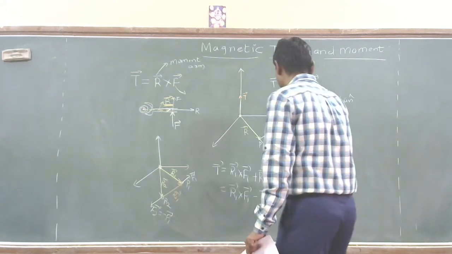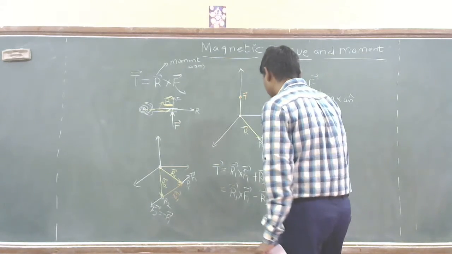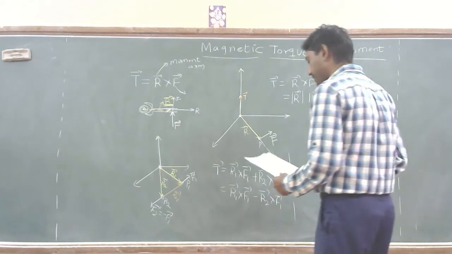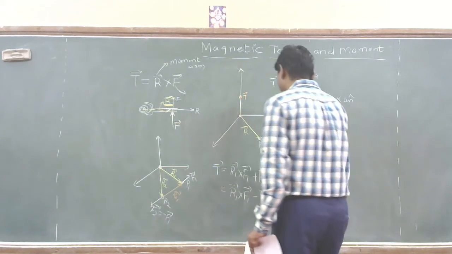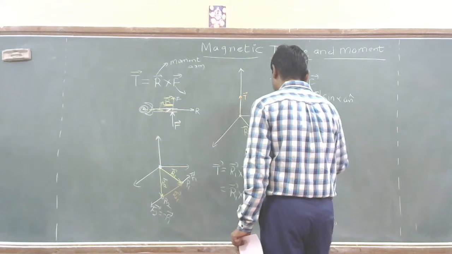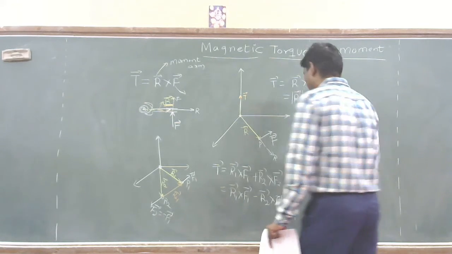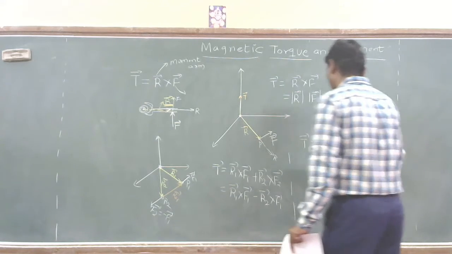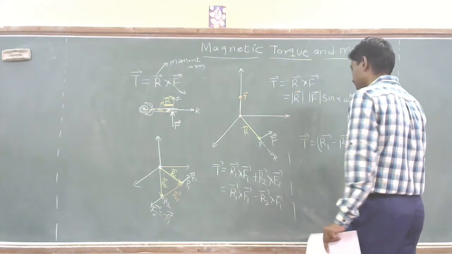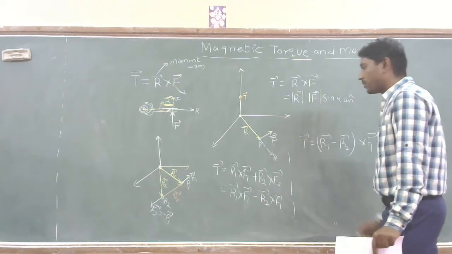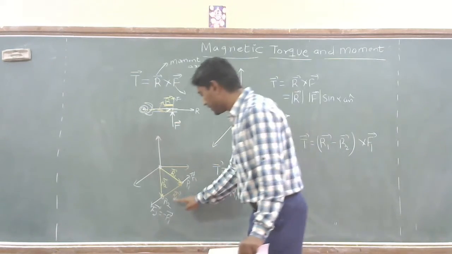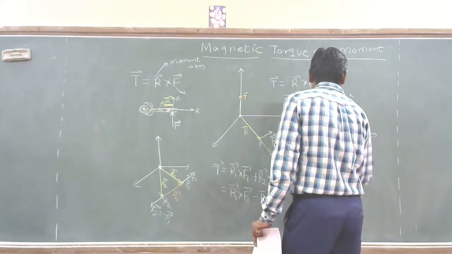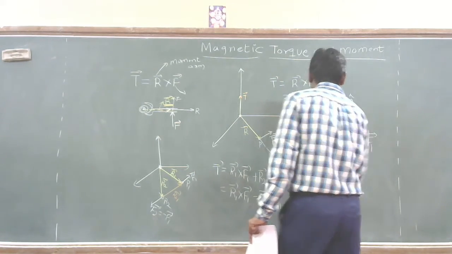If I take F1 common, the total torque is r1 minus r2 cross F1. And you can check that this r1 minus r2 vector is nothing but this r21 vector, so we can write it as r21 cross F1.